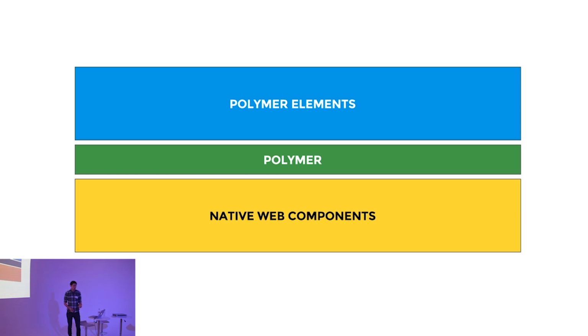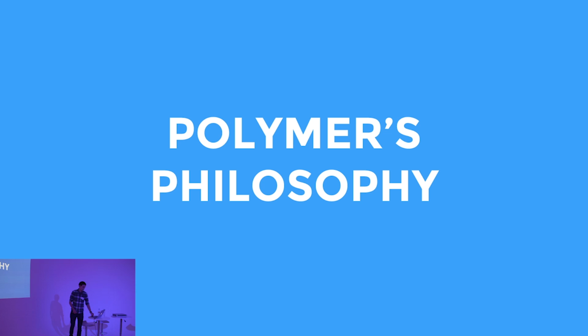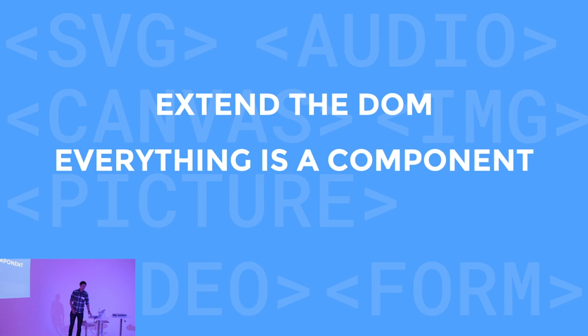Now, Polymer is a library, so it's very different to other frameworks out there, such as Angular or Ember. So you need to think a bit differently about how you structure your applications. And to understand that, you need to understand Polymer and web components philosophy, which is everything is an element, and to extend the DOM. So at the moment, like what Marco said, we use elements every day in HTML.